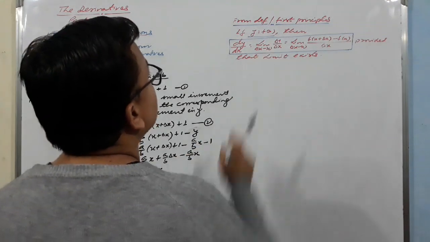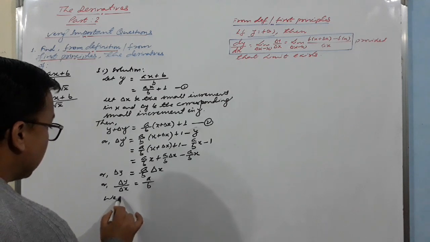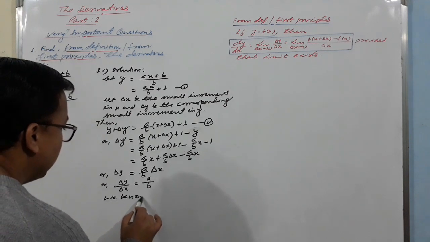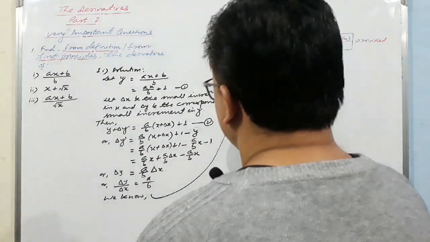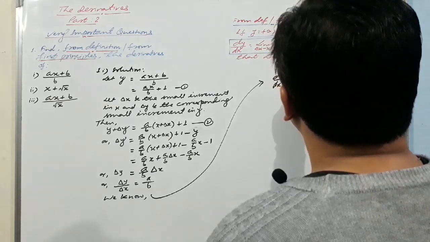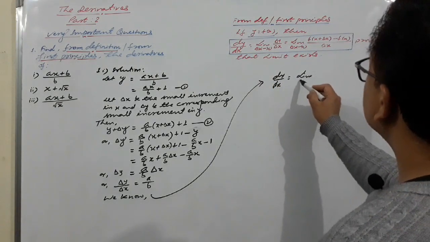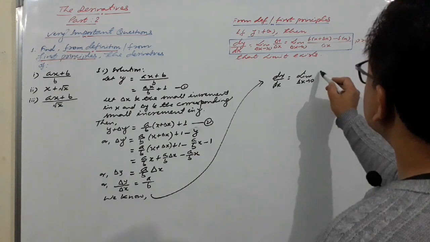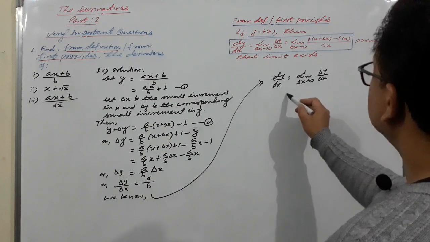Now we can use this definition. We know dy by dx is equal to the limit, using the definition, as delta x tends to 0 of delta y over delta x.